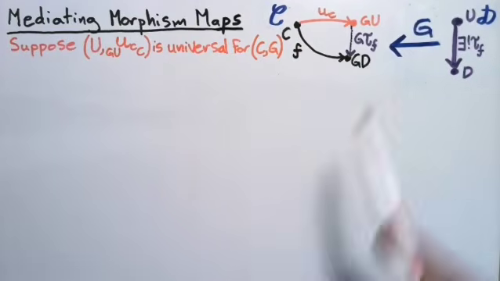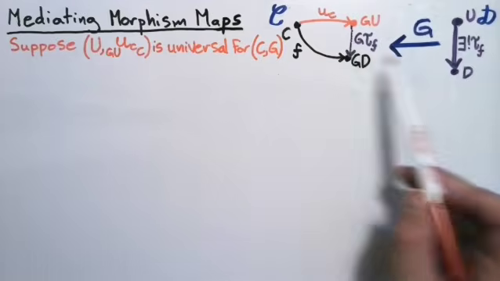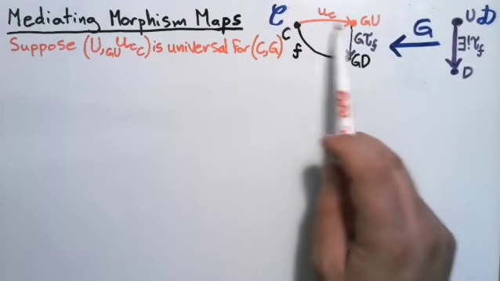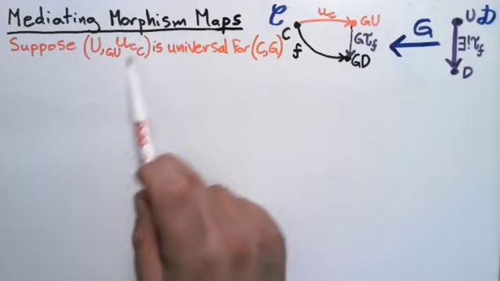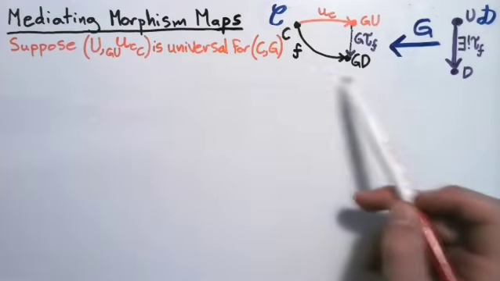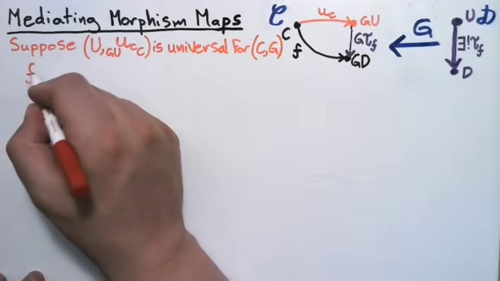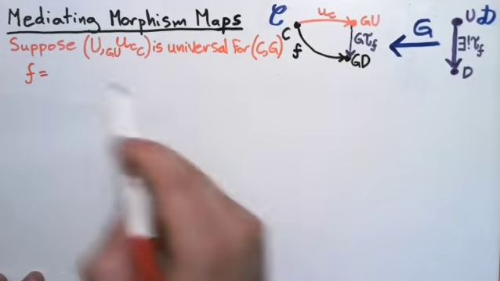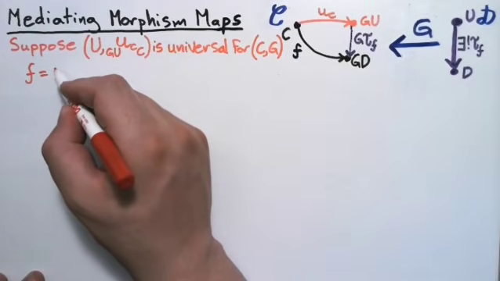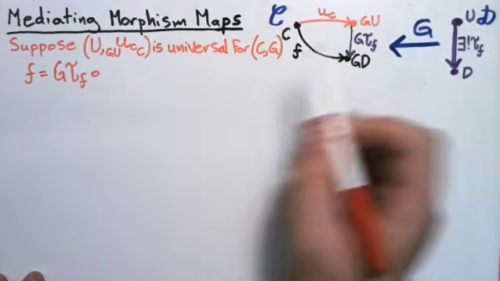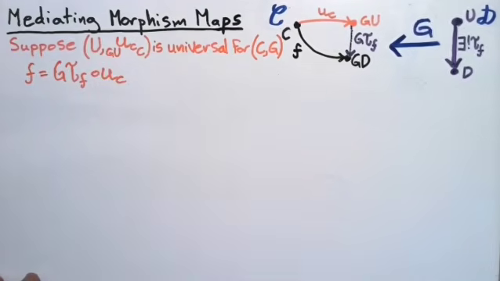So that is, the image of tau of f under G commutes with our universal morphism, the morphism part of our universal pair, and our morphism f. So in other words, we can factor any morphism f through our universal morphism. So this would be G of tau of f after u_C.